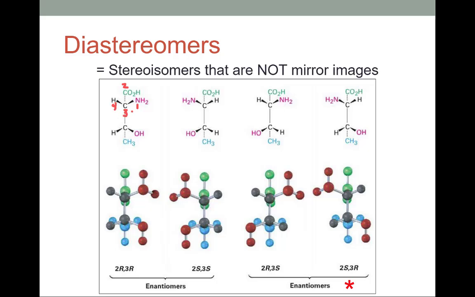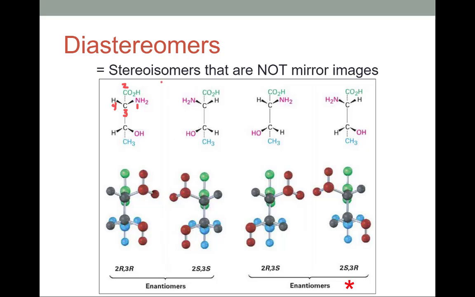Hydrogen is a lowly number 4. You'd want to reorient this so that our lowest group is pointed away from us, or use that switching trick that I mentioned. Then you would go ahead and do the rotation. What we'd find is that both carbons 2 and 3 in this drawing are in the R configuration, whereas over here, the mirror image, they're both in the S configuration.